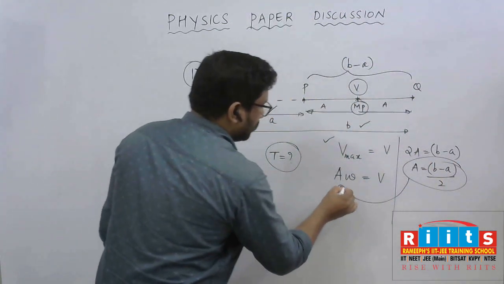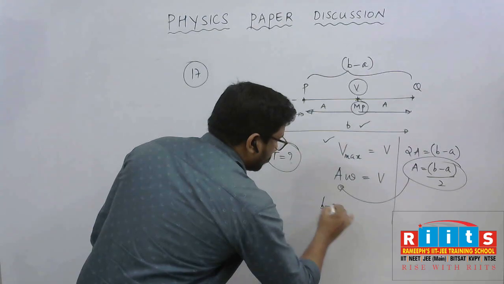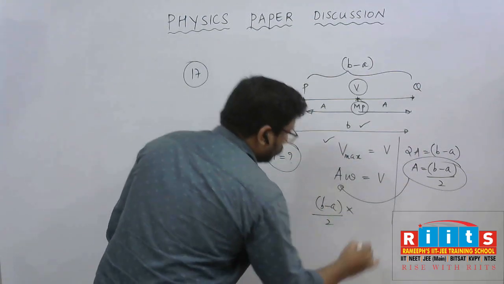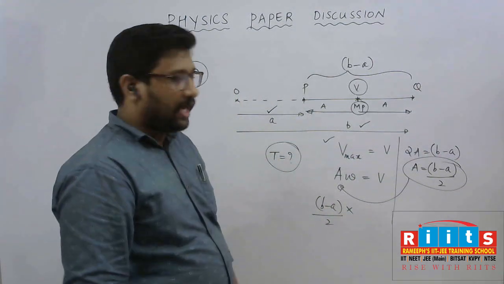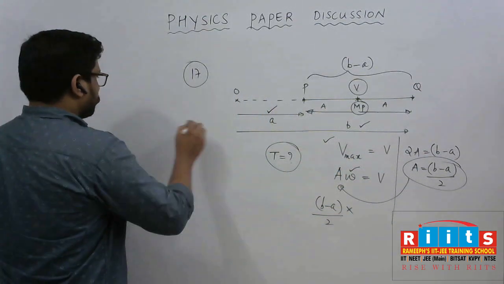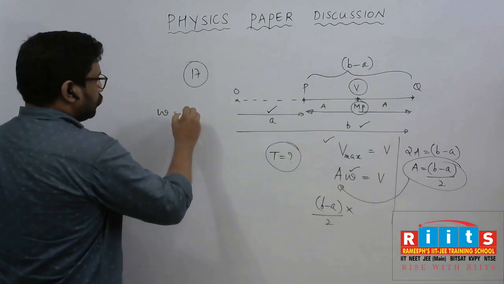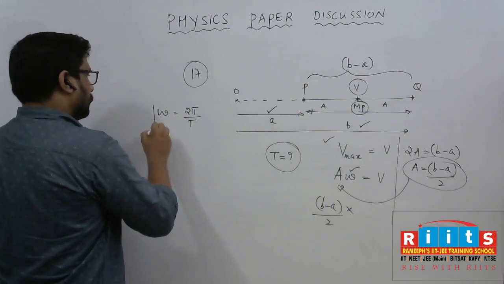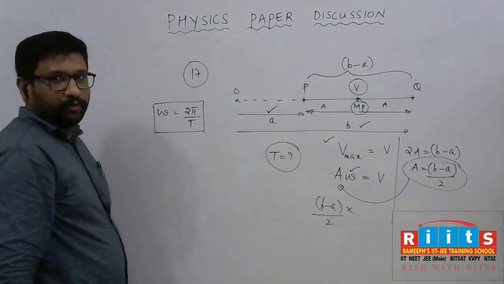Substitute this data here, you are getting B minus A divided by 2 into omega, and they are asking for the time period. How can you write omega in terms of T? Omega is equal to 2 pi by T. This equation is very familiar for you people.